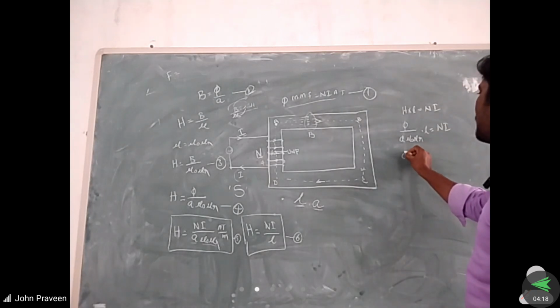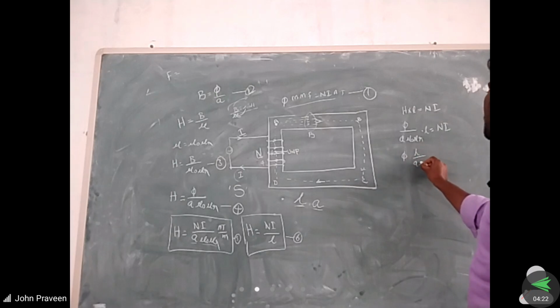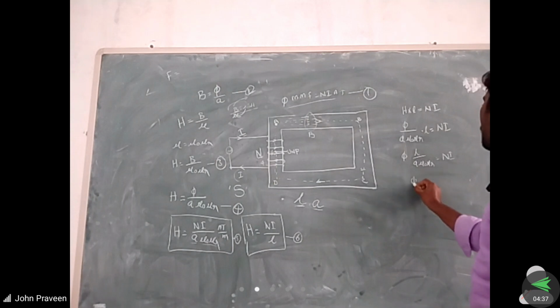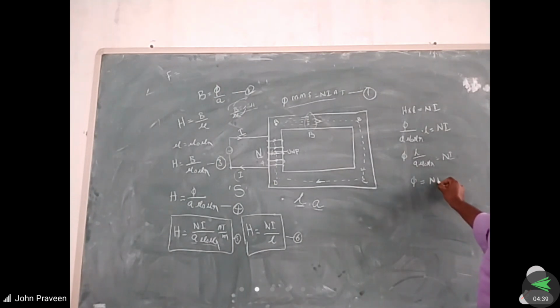Phi into L by A mu naught mu r is equal to N into I. The denominator becomes numerator and numerator becomes denominator. Therefore phi is equal to N I into A mu naught mu r by L.